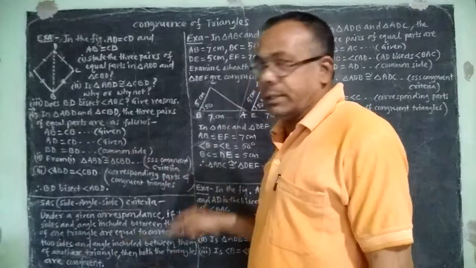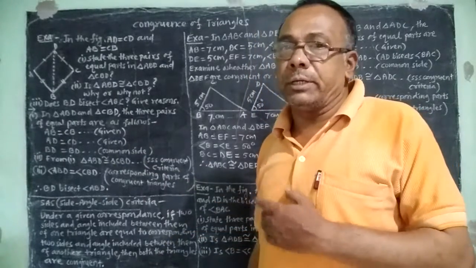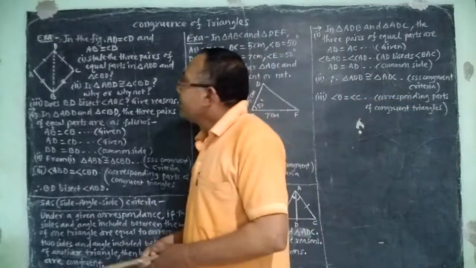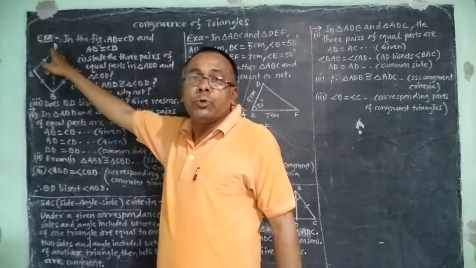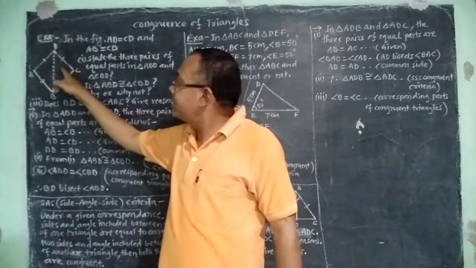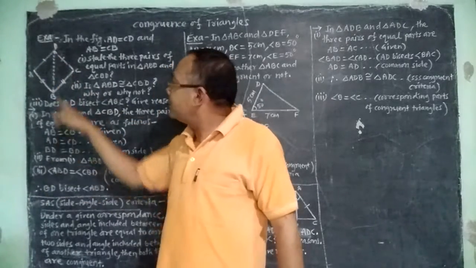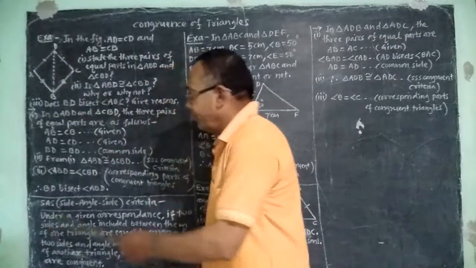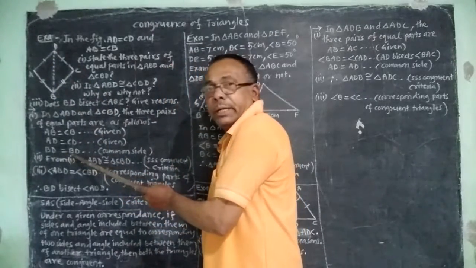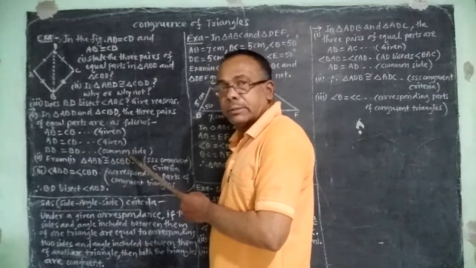It is also given. But if we observe the figure, then it is seen that there is one more side BD which is common to both the triangles. Means BD is a side of triangle ABD as well as a side of triangle CBD, and therefore here BD equals BD, and that is the common side of both the triangles.